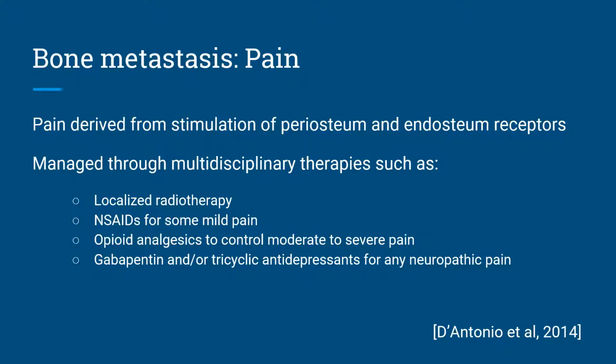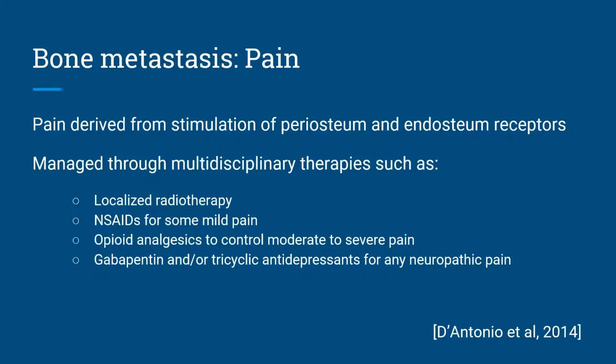He also presented with bone metastasis from his primary brain lesion. A lot of times with bone metastasis, one of the significant manifestations can be pain, which can impact the patient's quality of life.